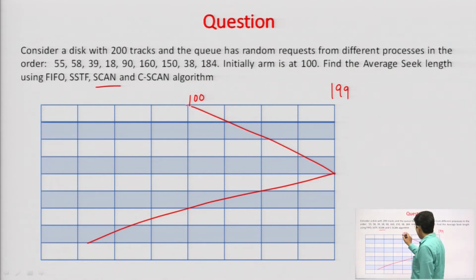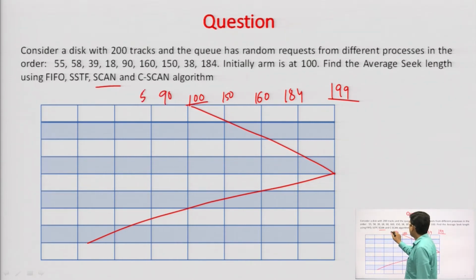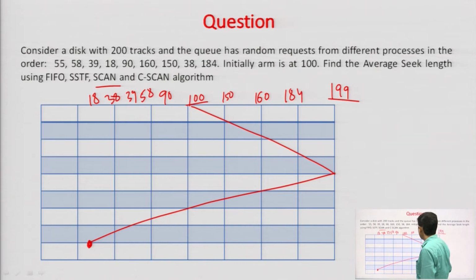In between 100 and 199 the requests 150, 160 and 184 will come. It will satisfy all those requests, and when it is moving down it will satisfy the requests 90, 58, 39, 38 and 18. Since we do not have more requests, our computation will stop at 18. So, this is according to the scan algorithm.